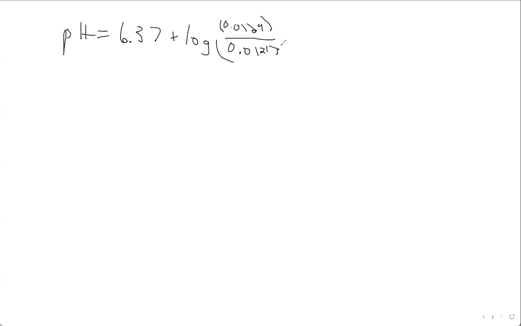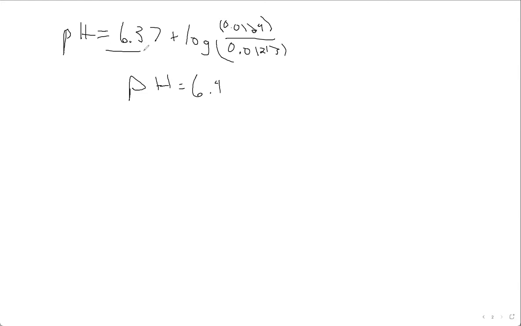Okay, so who can calculate that for me? What is my pH that I get in the end? Okay, 6.4, good. All right, so we solve for the pH after adding some amount of HCl to the solution.